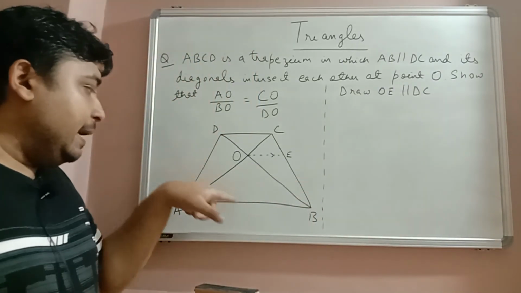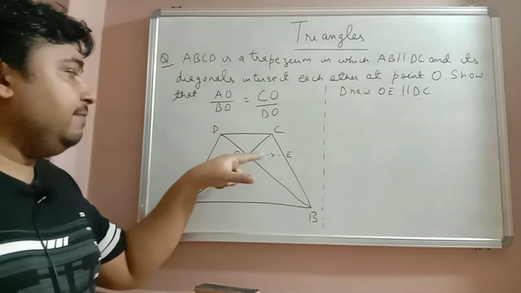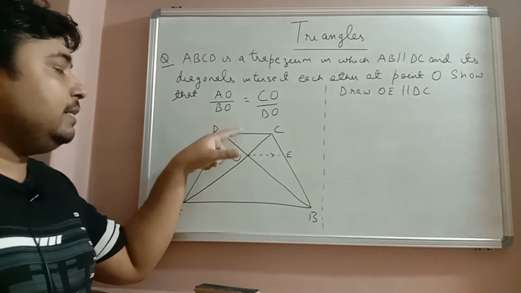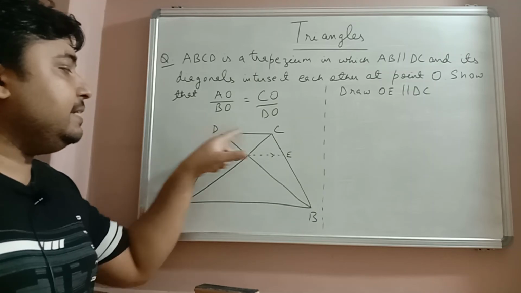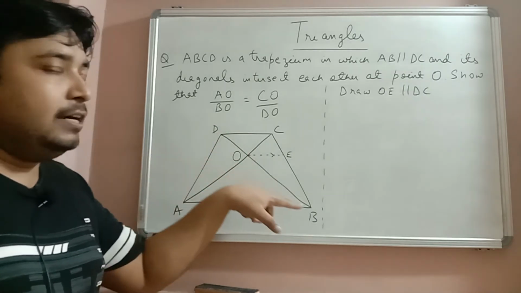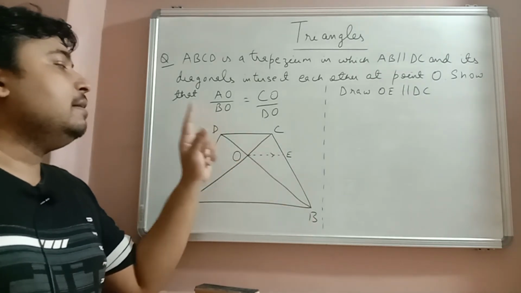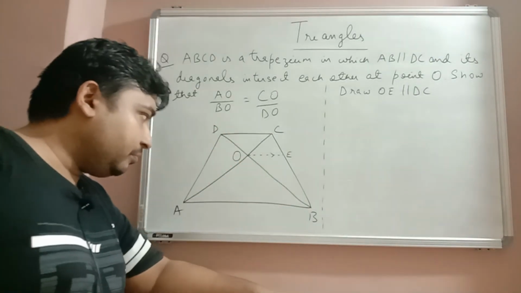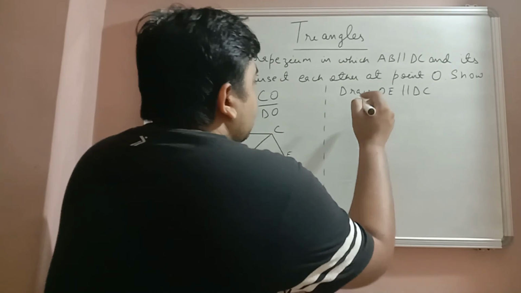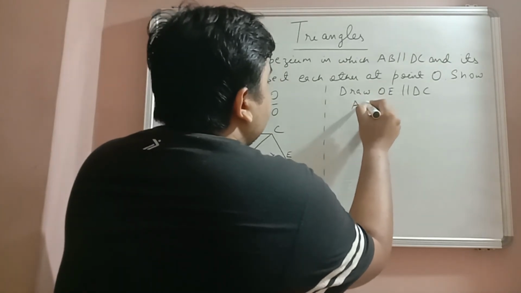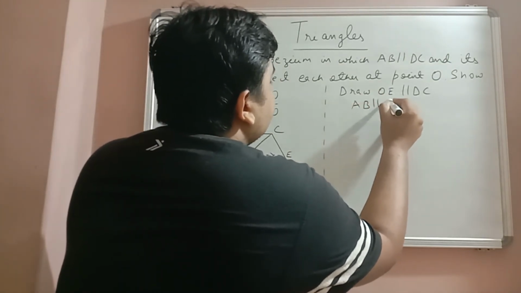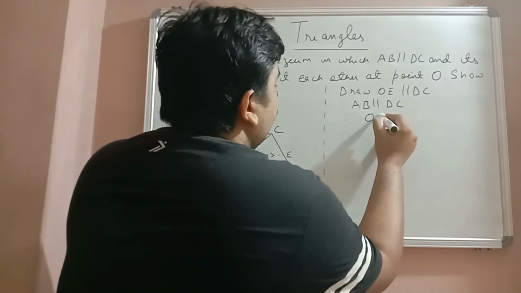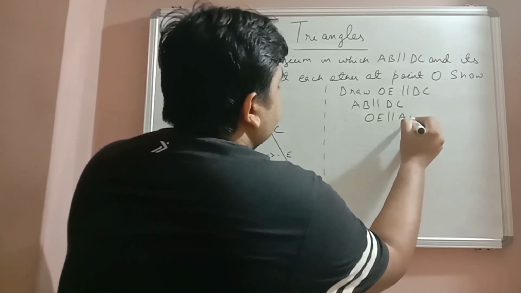Now since AB is parallel to DC and we have drawn OE parallel to DC, we get all three lines parallel to each other, that is DC parallel to OE parallel to AB, because two lines parallel to the same line are parallel to each other. So we already have AB parallel to DC. Therefore we can say that OE is also parallel to AB.